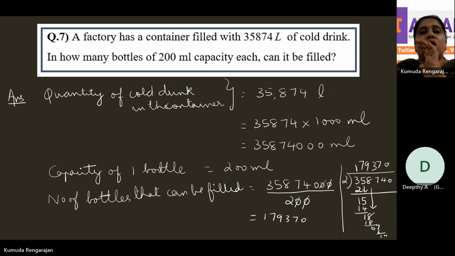It is possible to divide like that, but to avoid that situation, when you convert the larger unit to the smaller unit, it will be comfortable to divide. So we convert to milliliters and then perform the long division. So how many bottles can be filled?